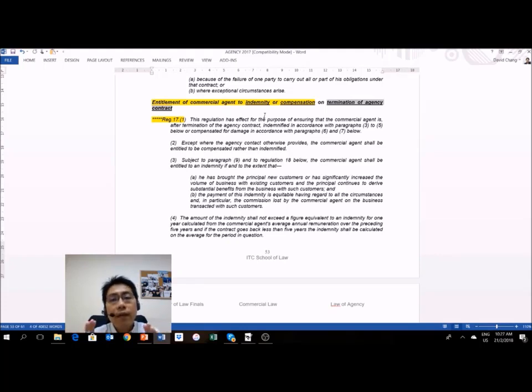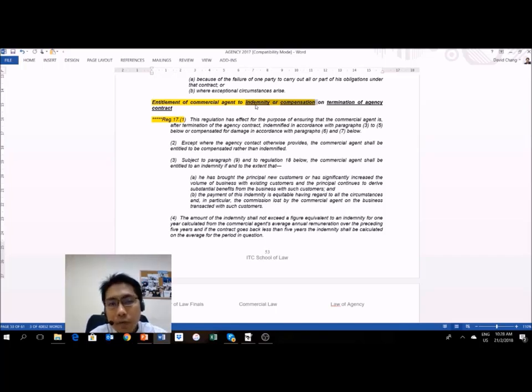Neither party would owe to the other party any further obligations. Of course, during the 5-year period, there will be a need for commission or payment or indemnity as is relevant, but upon termination, the contract ends, so neither party would owe anyone anything anymore. But very interestingly, Regulation 17 seems to provide for the commercial agent this very significant right, or rights plural, in that he has either the right of indemnity or compensation even though the agency has been terminated.